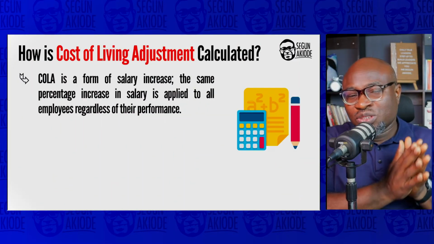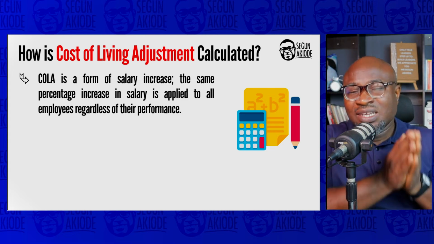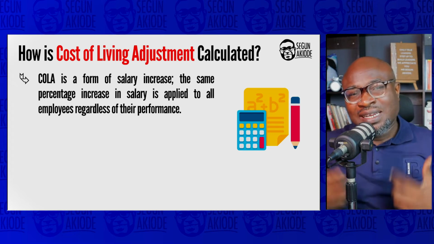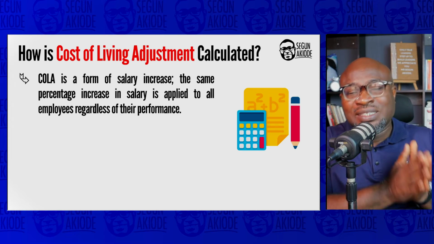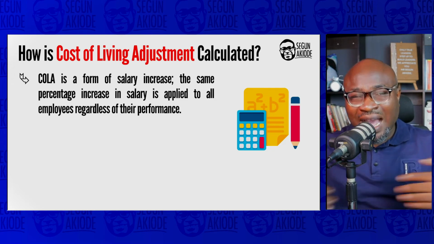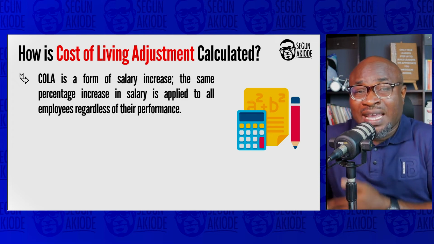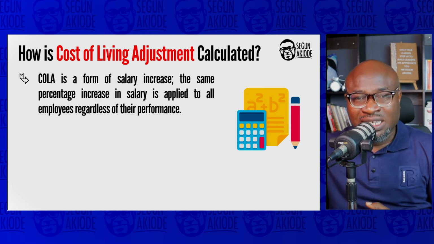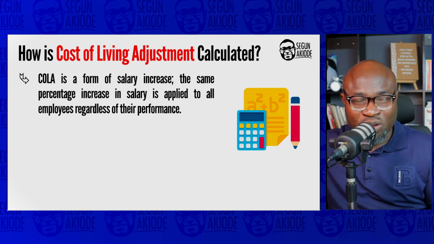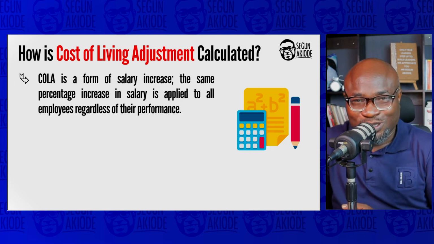In order to be able to calculate the cost of living adjustment, you need to recognize that cost of living adjustment, COLA, is a form of salary increase, and it is usually the same percentage increase in salary that is applied to all employees regardless of their performance, because the whole idea of applying COLA is to counter the effect of inflation on the purchasing power of the income the employees are earning, in order to help them maintain their cost of living.